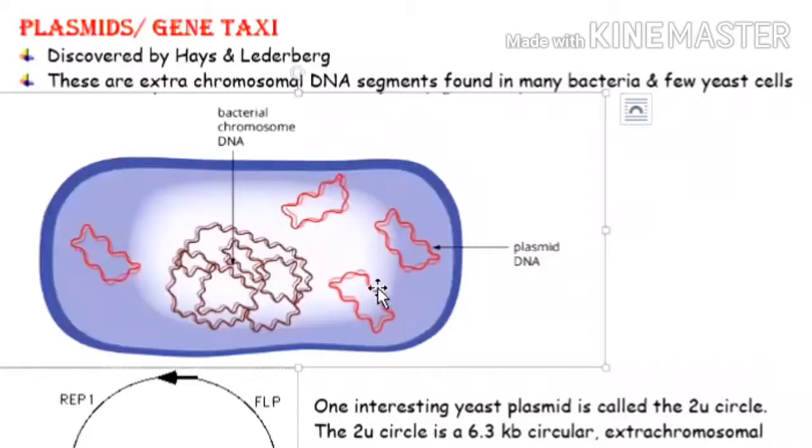So bacteria have plasmids and chromosomal DNA. Both are able to replicate independently of each other, and one bacterial cell can have nearly 20 to 100 plasmids per cell. So we prefer to use plasmids.